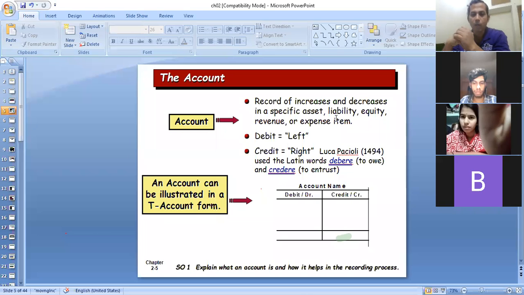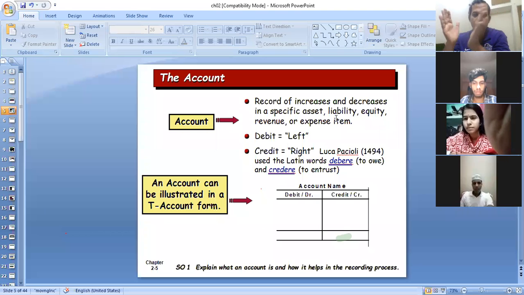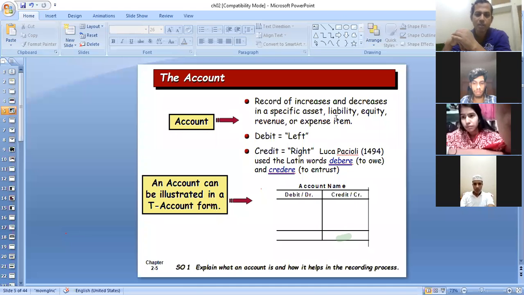So owe means the assets that you're bringing to the business, and entrust means the investment that you are making for the company. Sometimes it is said that from the debtor the debit comes, from the creditor the credit comes. Whatever, but these words were widely used by Luca Pacioli in 1494.